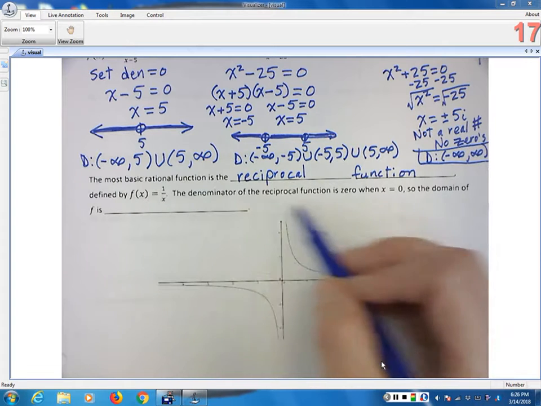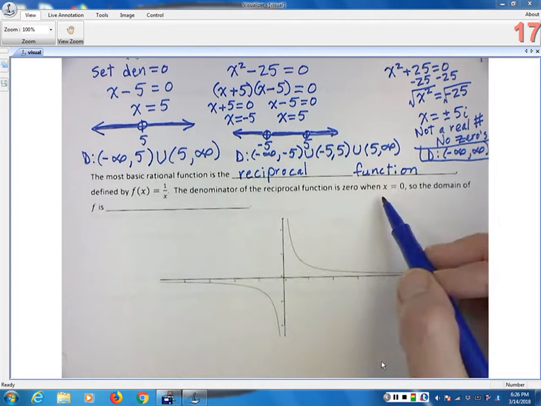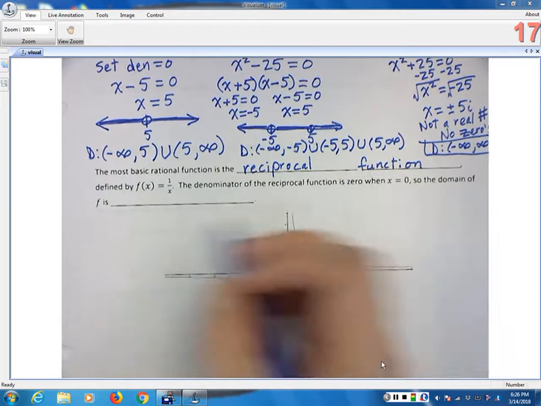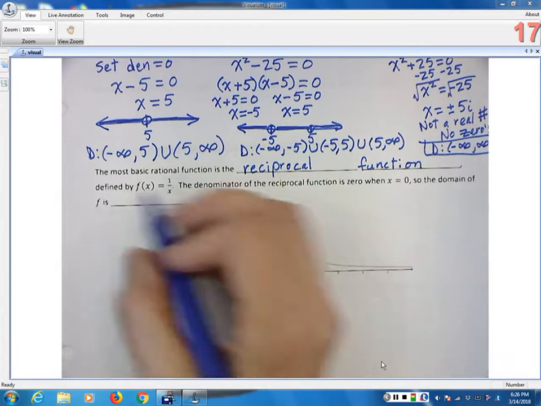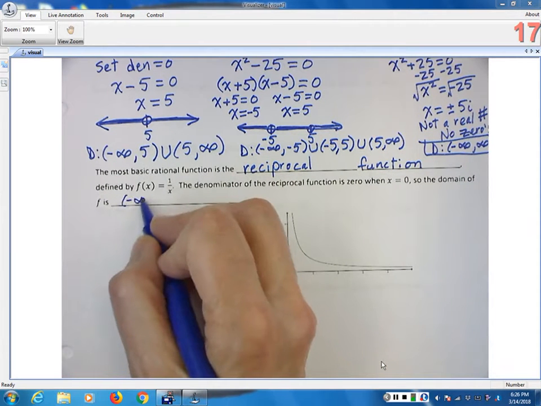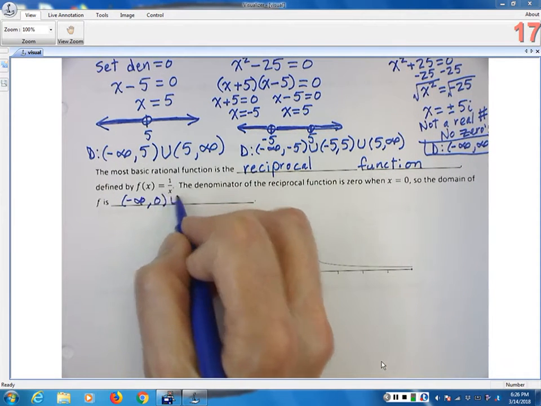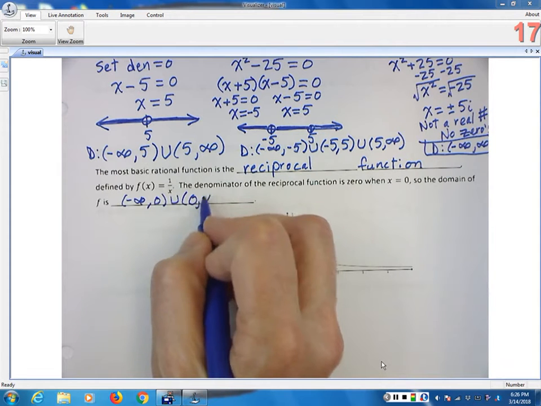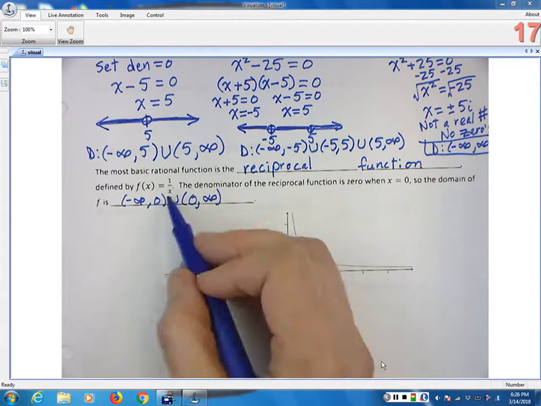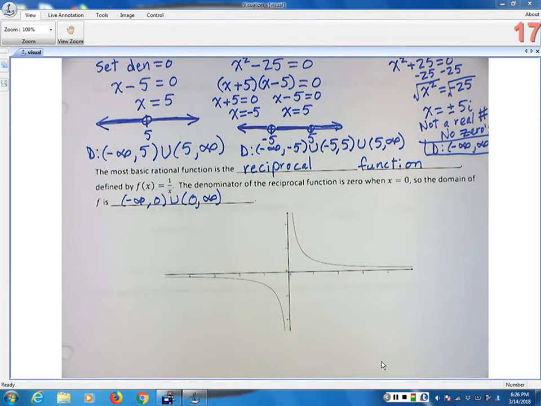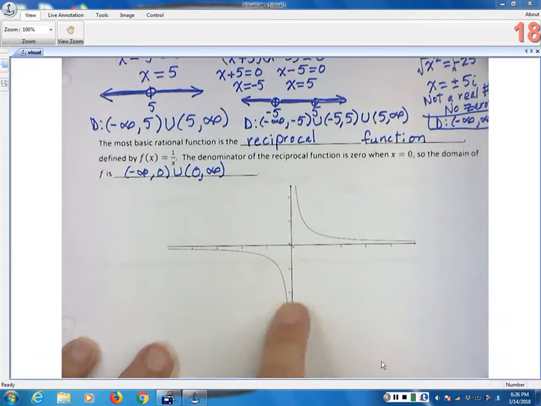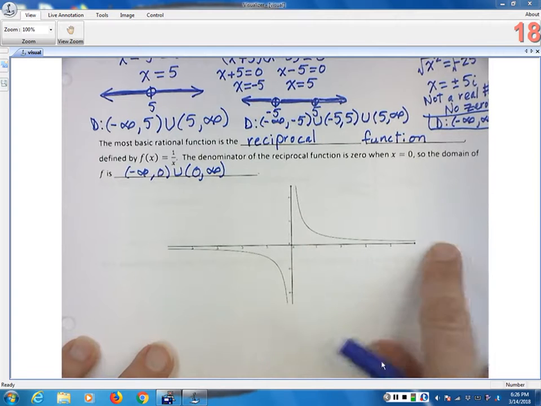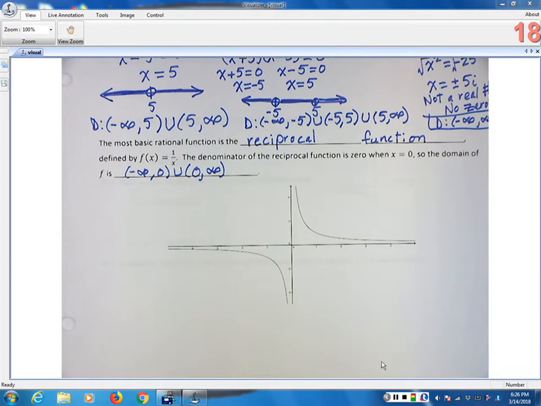The denominator of the reciprocal function is 0 when x equals 0, so the domain of f is minus infinity to 0, union with 0 to infinity. We've got to exclude the 0. If you put in 0 for x, you'd be dividing by 0. And here's the picture of it. We're going to go over just a little notation on the next page.